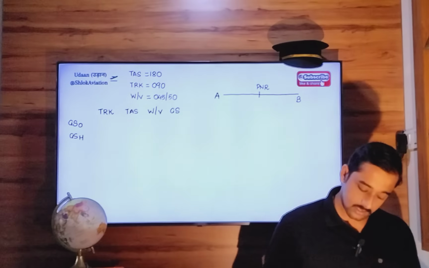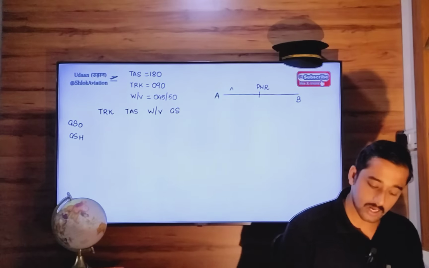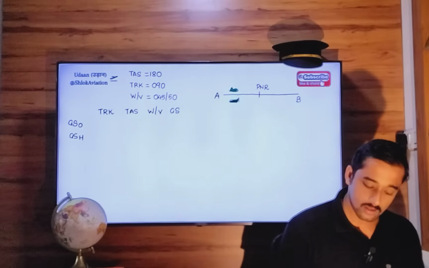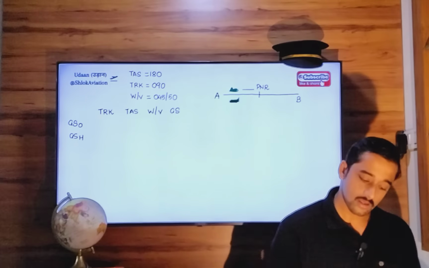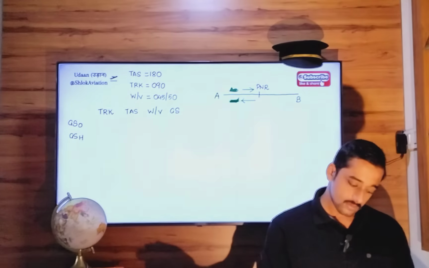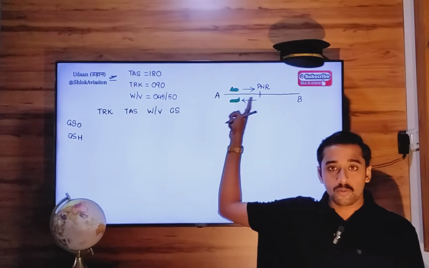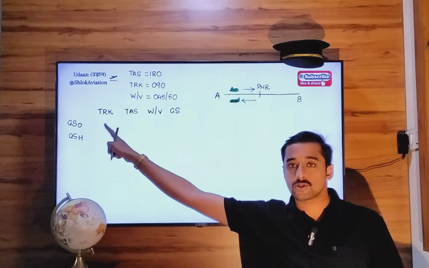So your plane is to fly from A to this PNR and then back to A. So going outbound from A to PNR, this will be our outbound ground speed.